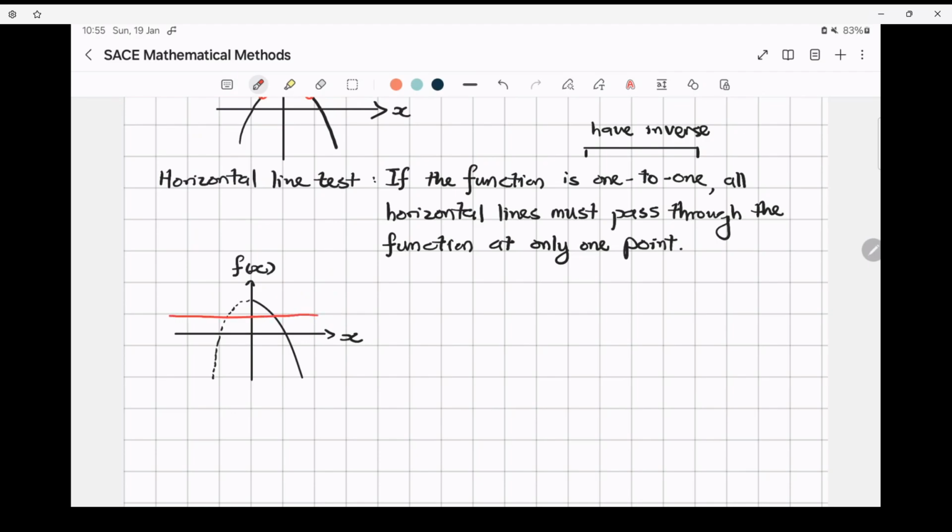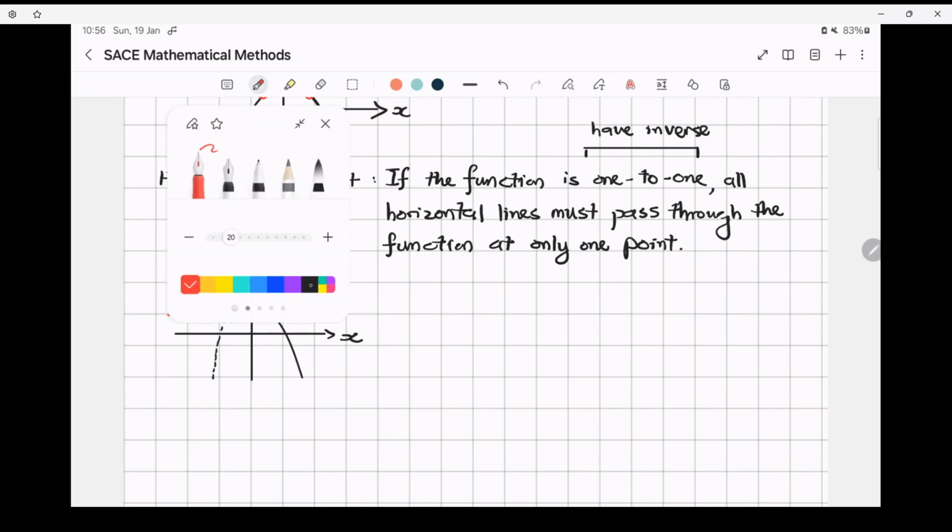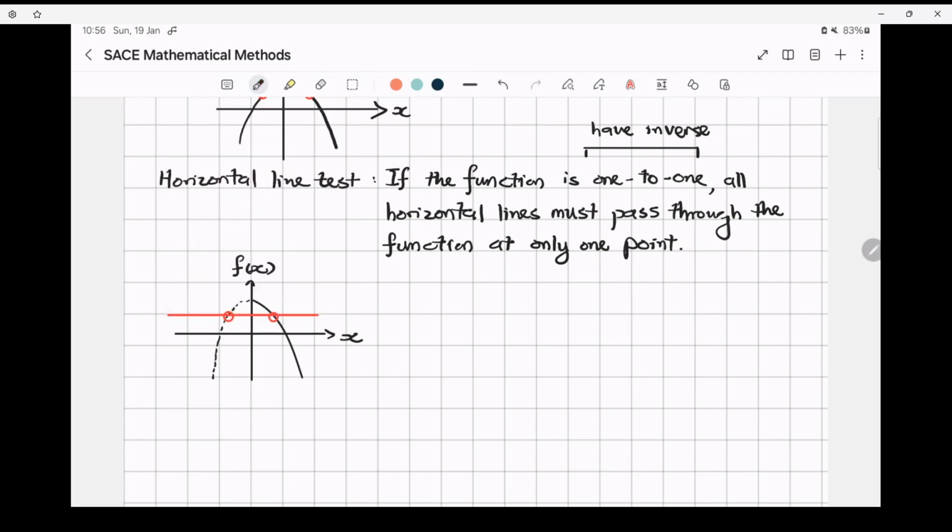For example, this horizontal line will only intercept the solid line at one point. Or if you define the dotted line to be the function, then you only intercept the dotted line at one point as well. So that's how you make your function one-to-one. You restrict your domain.